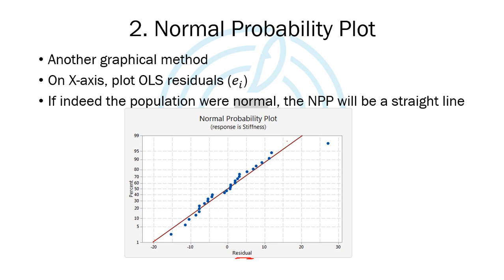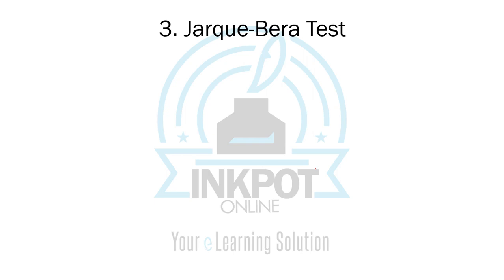You can see there's a straight line here, and the residuals are very close to it, except this one residual, which is of course an outlier in the distribution. Since they are very close to this red line, we can say that the error term is somewhat normal.